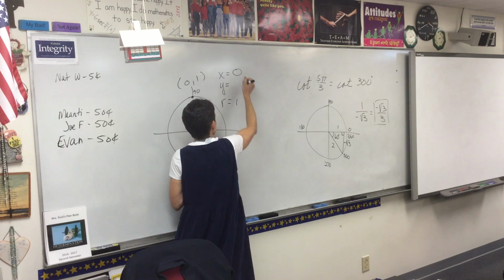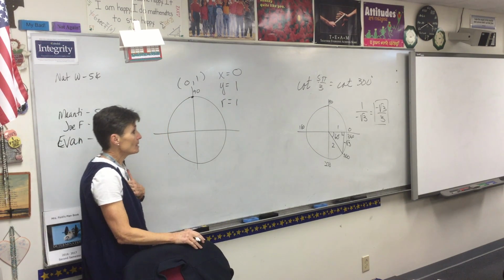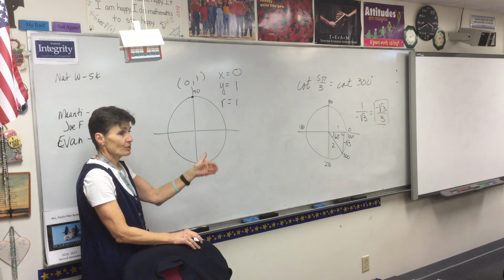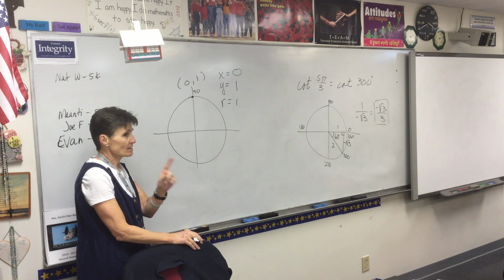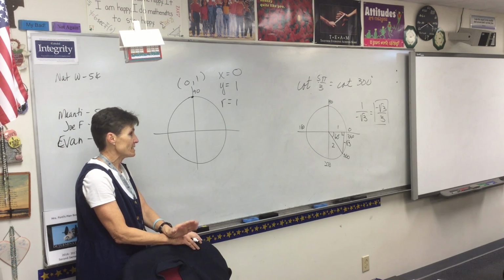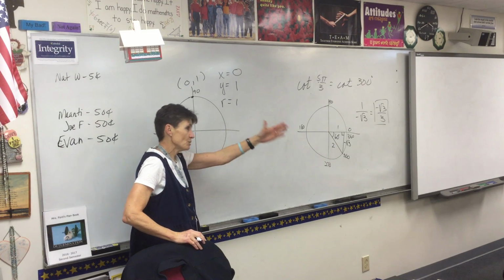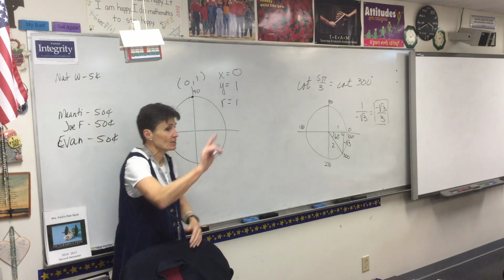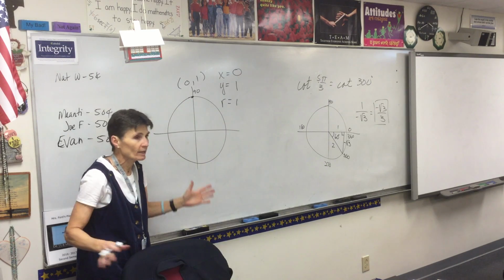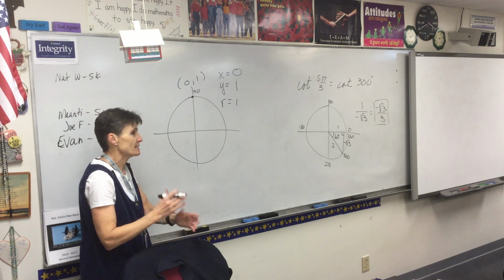So my x is 0 and my y is 1. I promise you that your answers are going to be right, no matter what radius you use. If I use 1 and you use 2 and you use 7 and you use root 13, we're all going to get the same answer. So I encourage you to use 1. It's just easier.